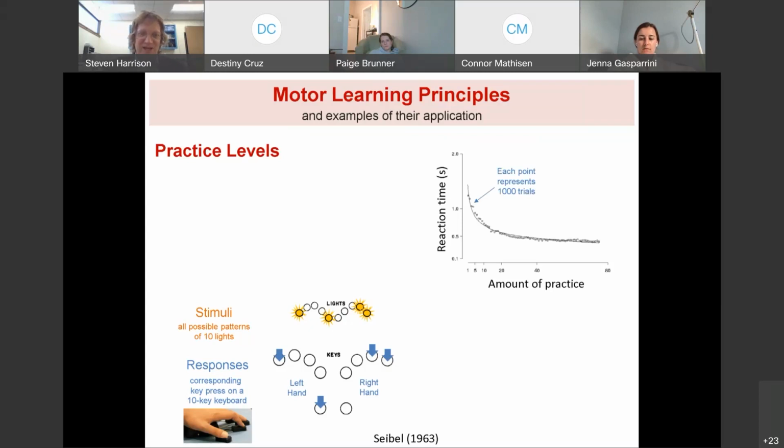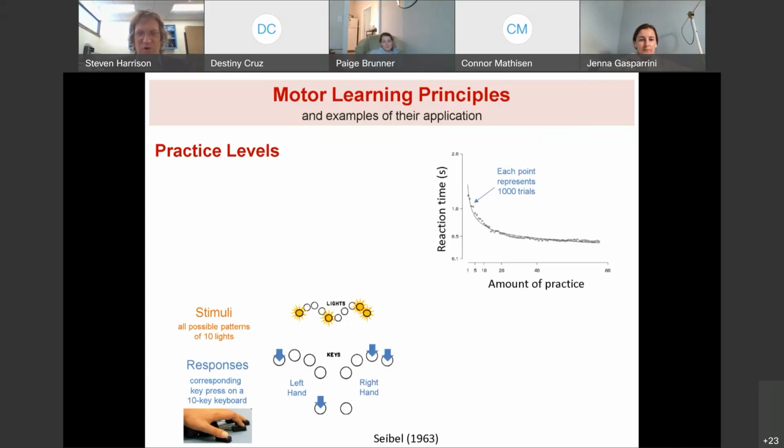Okay, here we see this absolutely bonkers study. Here we have people learning to do this task, and each dot on this graph is going to represent 1,000 trials. So 1,000 times of seeing a light come on, press, seeing a light come on, press.